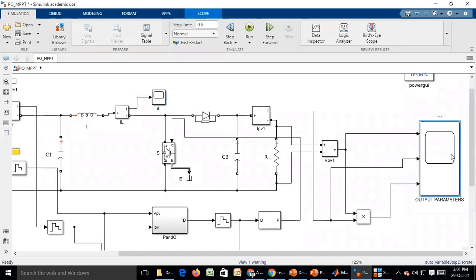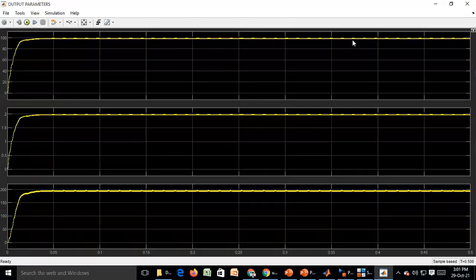These are boost converter output values. The previous one is the output of the PV panel, or input to the boost converter.